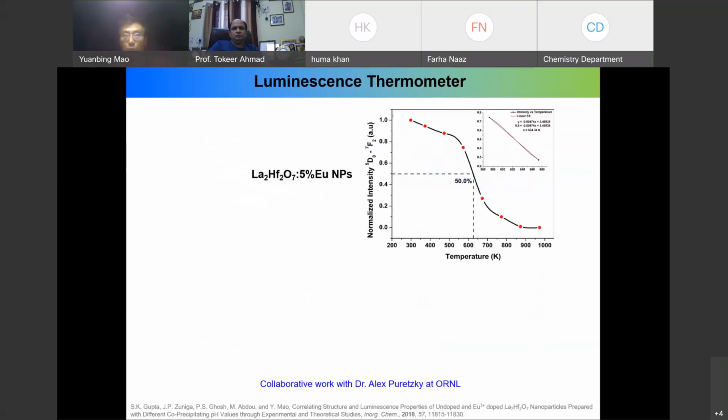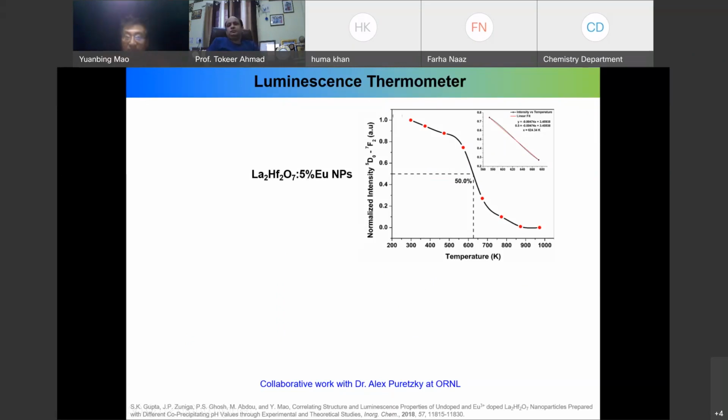As I mentioned in the past couple of days, this type of pyrochlore material has very good thermal stability, among many other desirable properties. So we thought we wanted to use this lanthanum hafnate as a host.